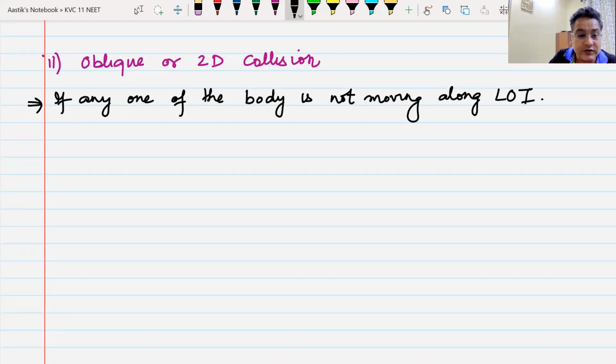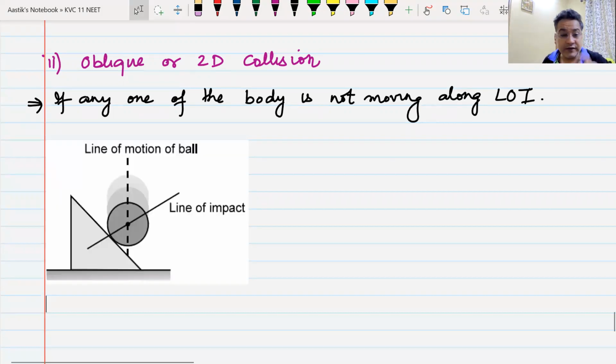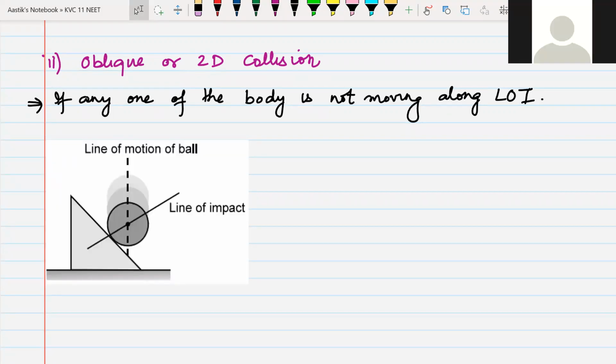In the first example that I am showing you, only one body is moving, that is the ball, but that ball is not moving along the line of impact, and therefore this collision is an example of oblique collision, or collision in two dimensions.